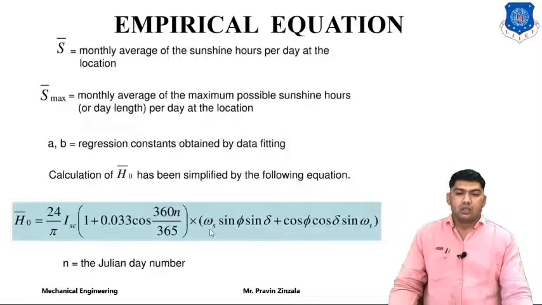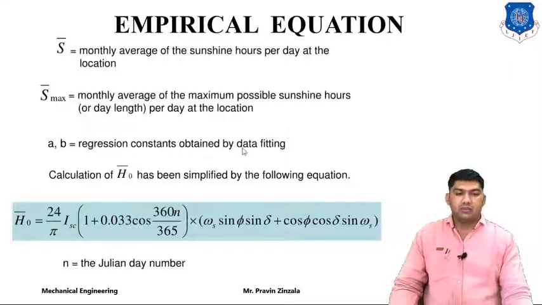Then multiply by omega_s, the hour angle, times sin phi, the latitude angle, times sin delta, the declination angle, plus cos phi times cos delta times sin omega_s. So this is the final equation for the clear-sky solar radiation.